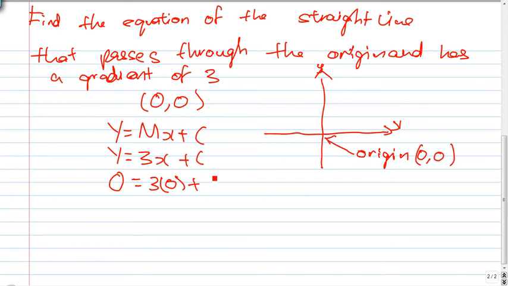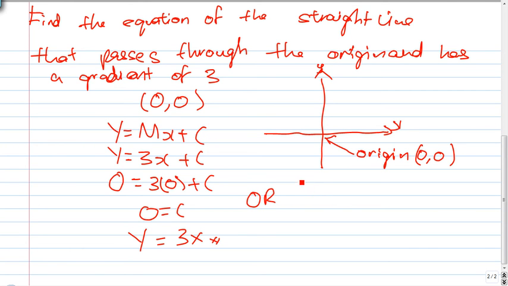You perform substitution like that, and you know c equals 0. So c doesn't exist; the line only cuts through the y-axis at 0. You can express it as y equals 3x. That's it.